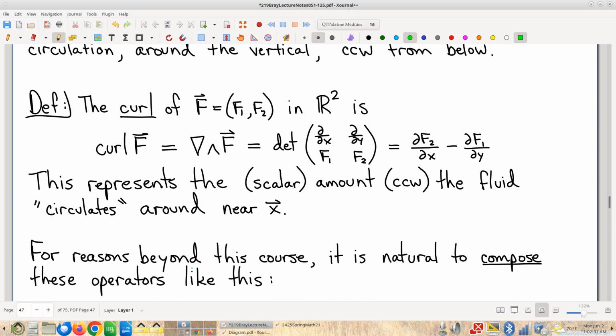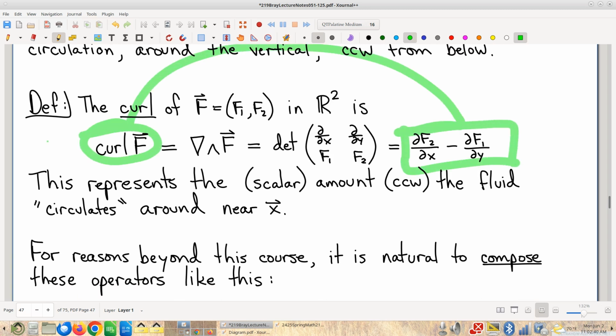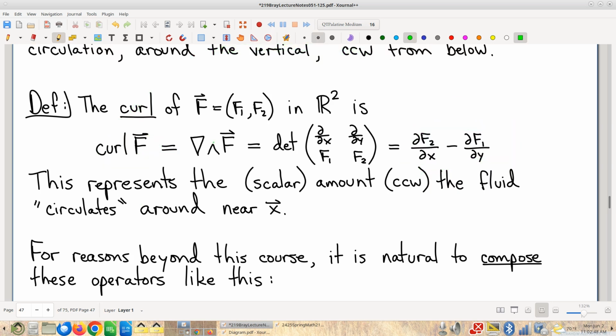Picking up from there, this three-dimensional curl has a two-dimensional analog. Here's the formula for it. You'll notice we're going to use the same notation, curl, here. It is also something you can shorthand with an operator. Where previously we had put the cross product, which is notational sloppiness, kind of math slang, if you will, and an easy way to memorize the formula, here, instead, is the wedge product that we saw back in the same section where we talked about the cross product.